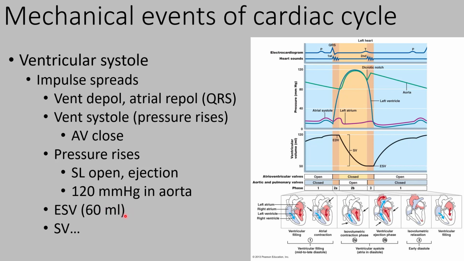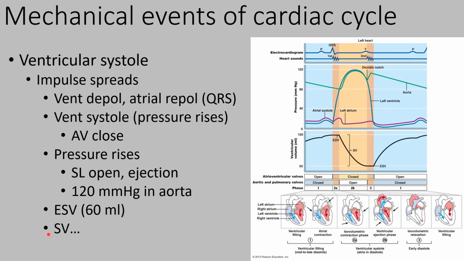So we started at 130. We are left with 60. But what happened to the other amount? There was a lot of blood, but now there's just a little blood. Where did the blood go? It was ejected from the ventricle.